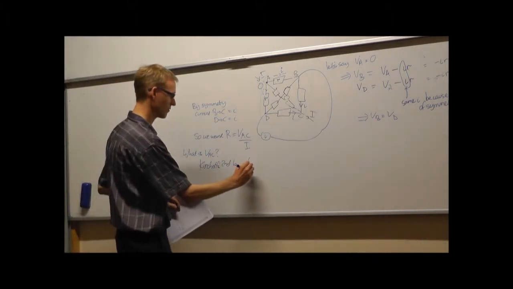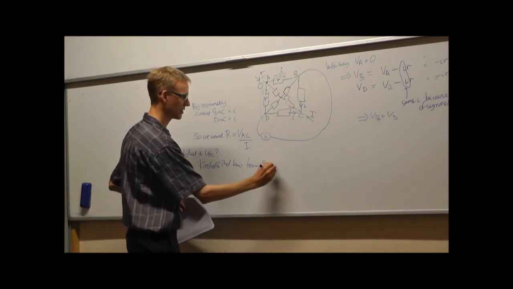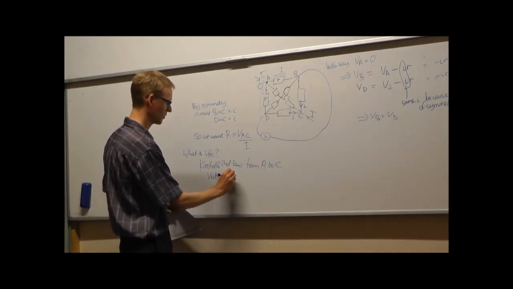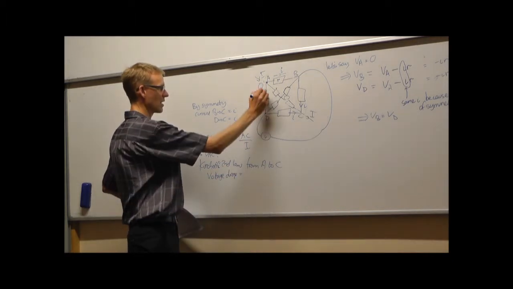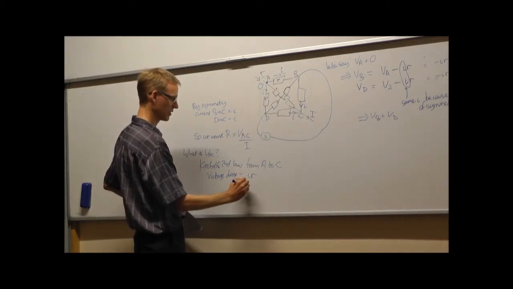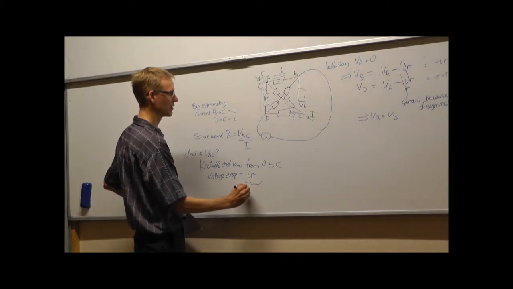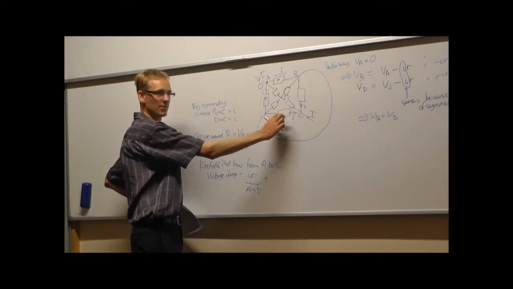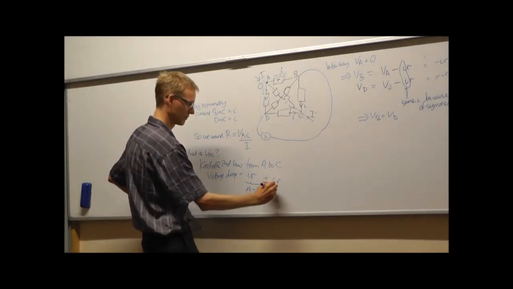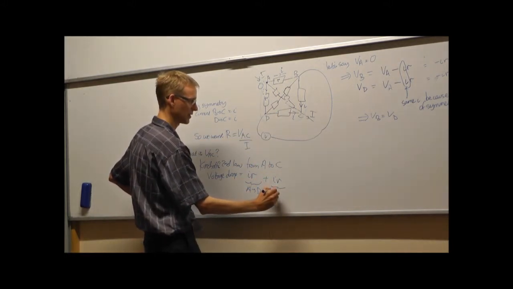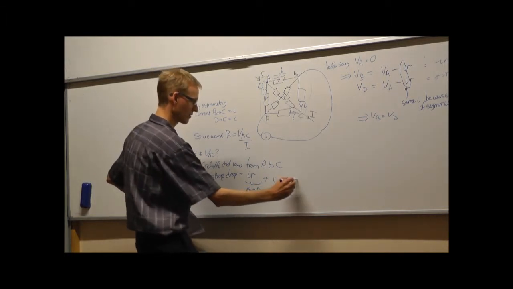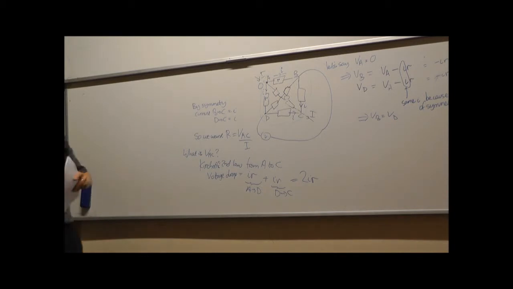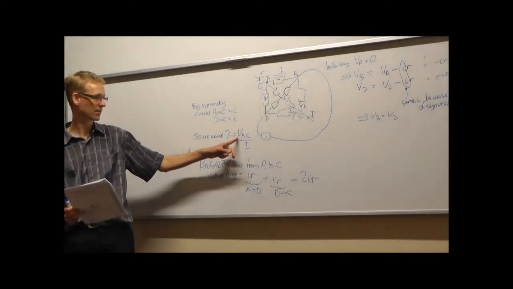Kirchhoff's second law from A to C: voltage drop equals I times R. So that one's for A to D, plus I times R, D to C. So we've got 2IR is our voltage V_AC.